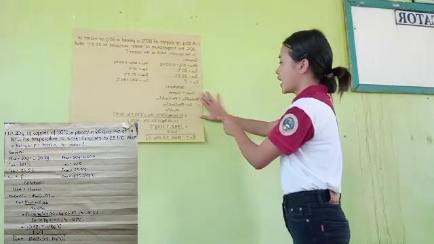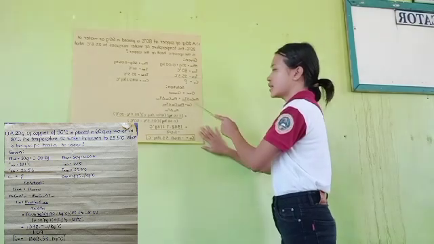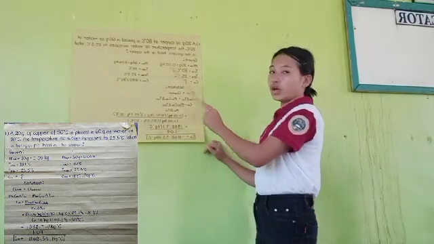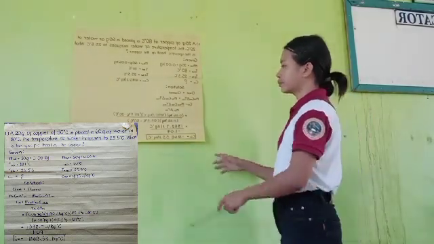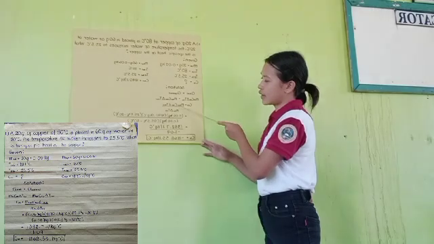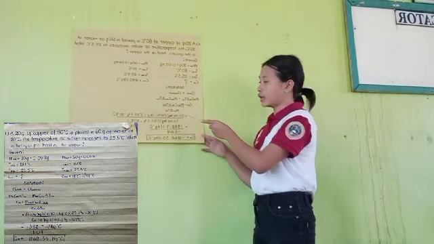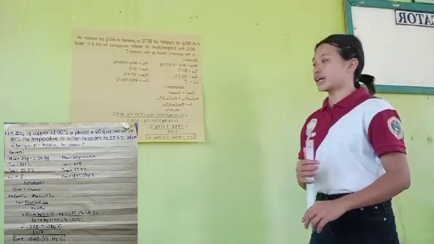So mass of the copper times specific heat times delta T of copper equals mass times specific heat times delta T of water. So transpose: specific heat of copper equals MC delta T of water over M delta T of the copper.